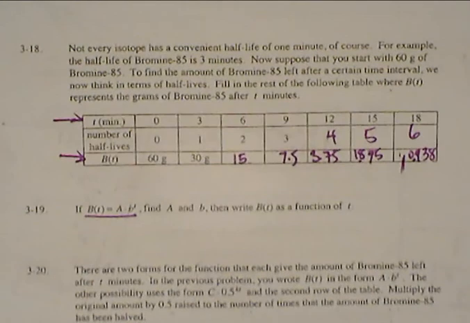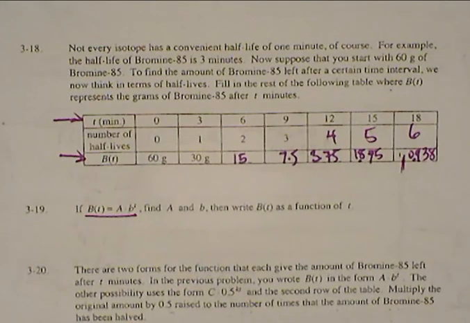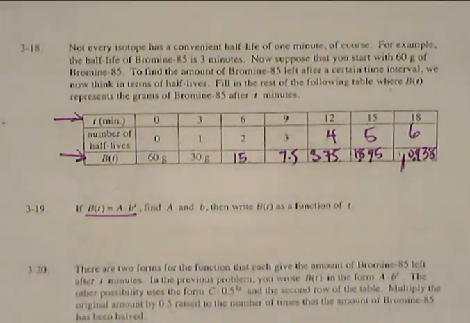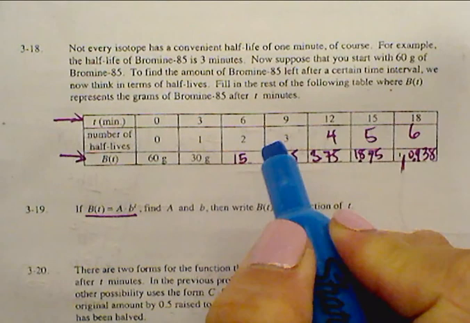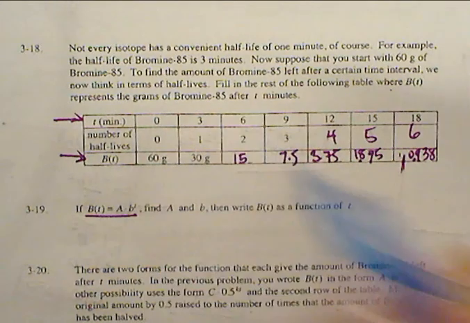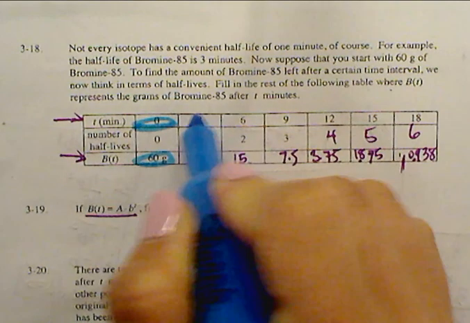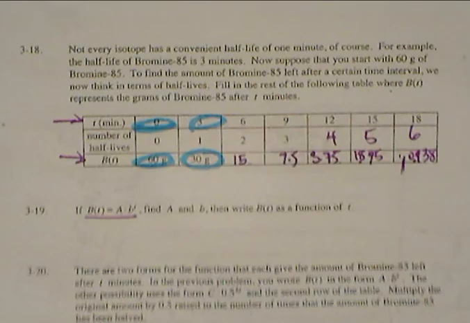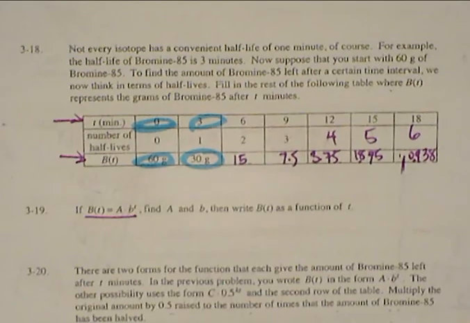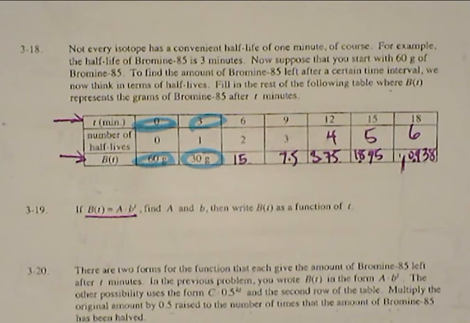Can we all agree to use the same numbers? Which ones are we using? 0 and 60? Yeah. And 3 and 30? Yeah. Okay. I want my calculator.